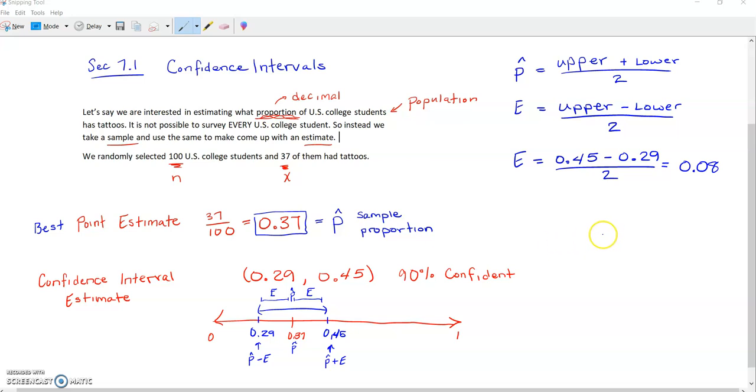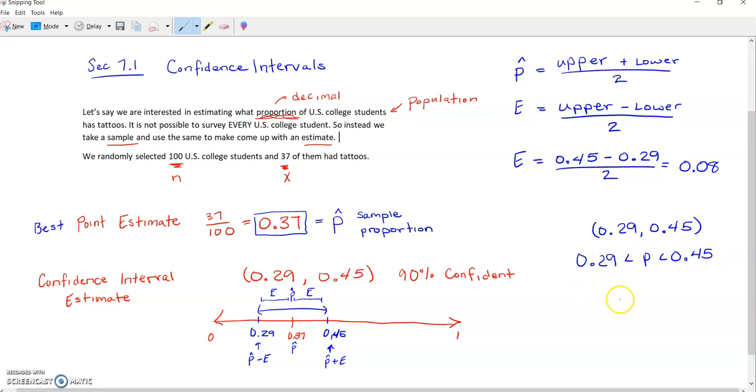So confidence intervals can be written in different formats. We already saw this format; this is called interval notation. You'll also see it written using inequalities, like this, right? The lower limit and then the upper limit. This is saying basically we're estimating that p, the proportion, is between 0.29 and 0.45.